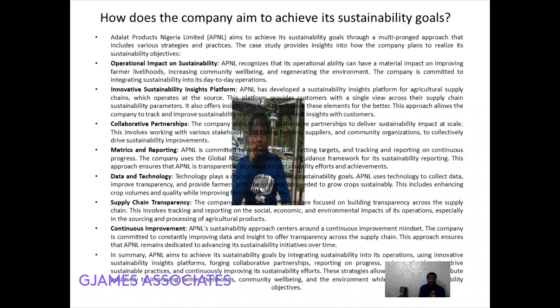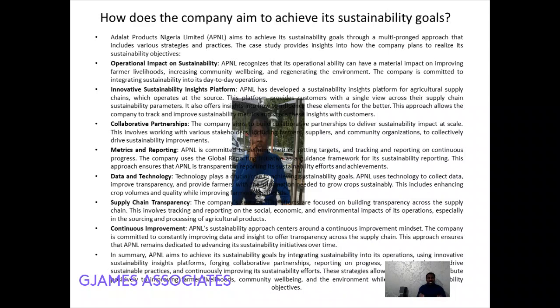Also, metrics and reporting they have on the ground. Data and technology, they are doing a bit better on it. Also, they can achieve the aim of their sustainability by deploying the supply chain in a transparent manner.